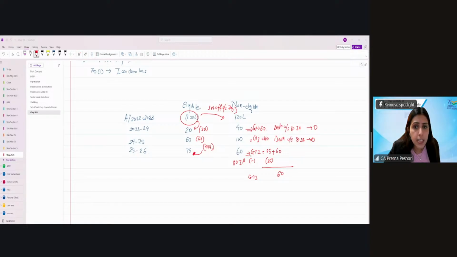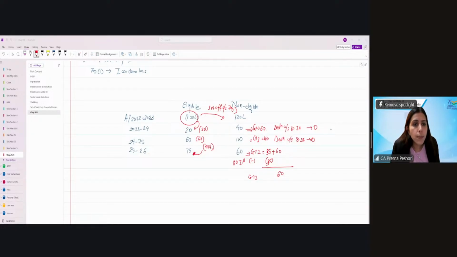Samnathan, 40 plus 60 will, how 40? Where is 40, it is the loss, Samnathan. 35 plus 60, yes. But you will also get the ATIA deduction of 35. You will tax 35, but you will also get the deduction under ATIA, na? In 25-26, Samnathan. Is this making sense? Yes or no? Yes, ma'am. Understood.